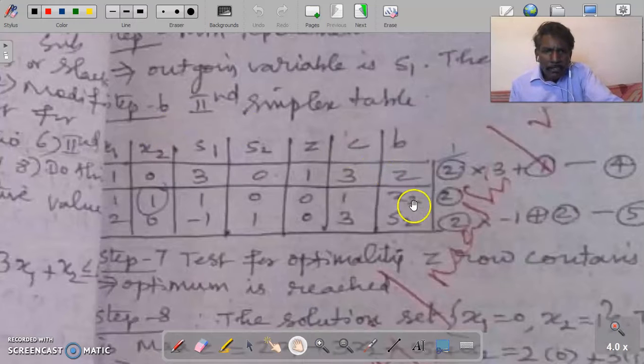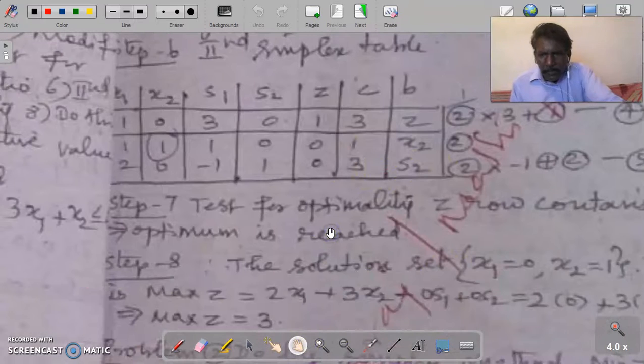If all are positive, this will give you the solution. Substitute this value in the objective function and we will get the answer.